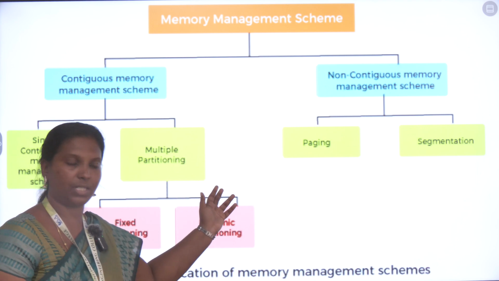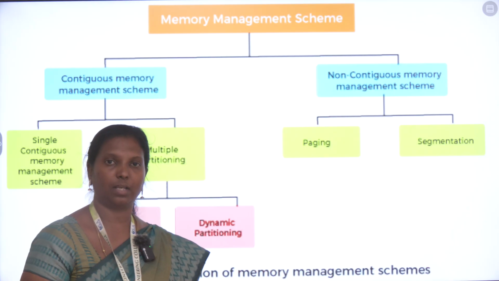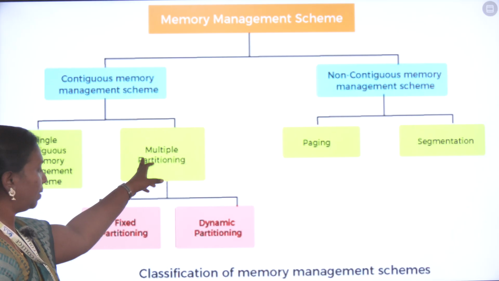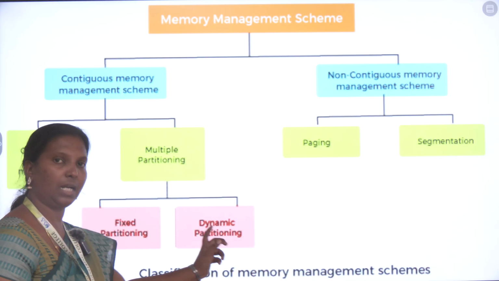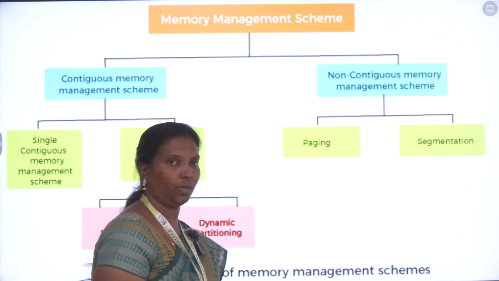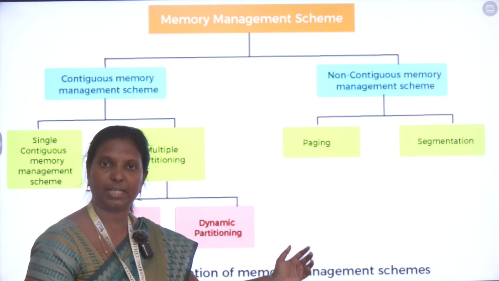In multiple partitioning, there are two systems: one is fixed and the other is dynamic partitioning. The second category is non-contiguous, where the concepts of paging and segmentation are involved.